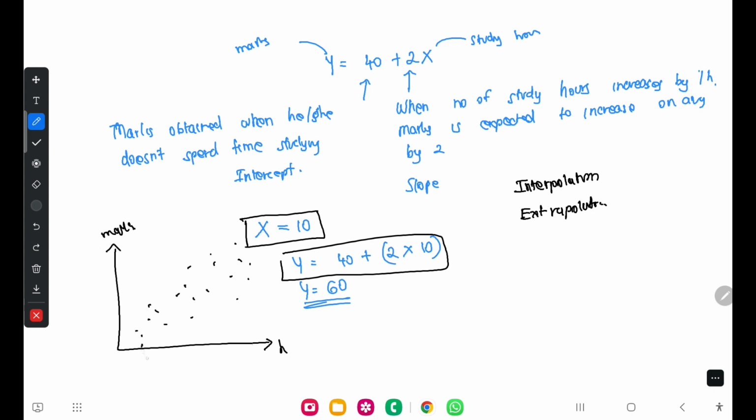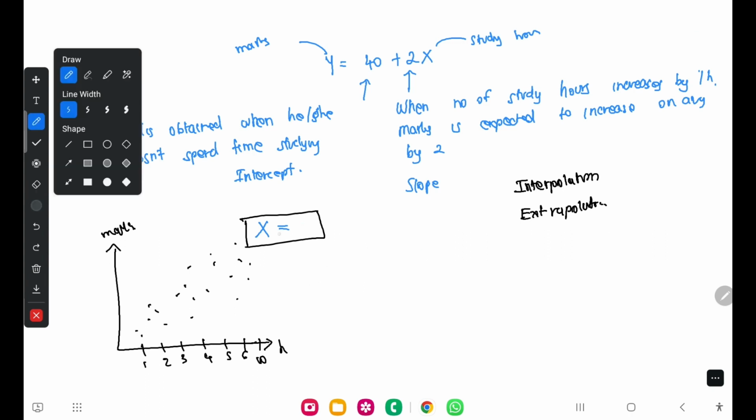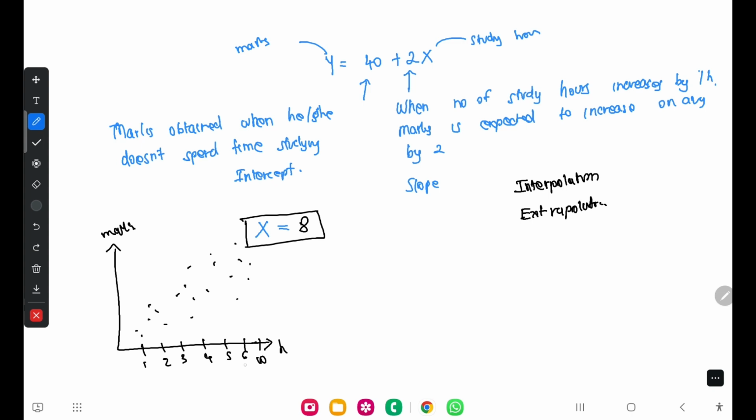In our sample we have people who have studied 1 hour, 2, 3, 4, 5, 6, up to let's say 10. Now if I'm substituting 8, that is within the range of our data. Our range of data goes up to 10. So since 8 is within the data set which we have used to construct the equation y equals 40 plus 2x, this is called interpolation.